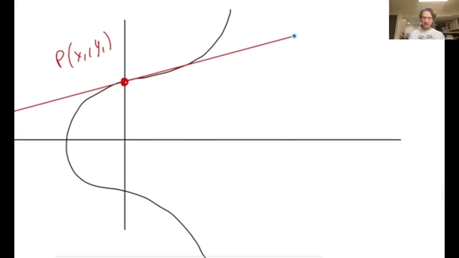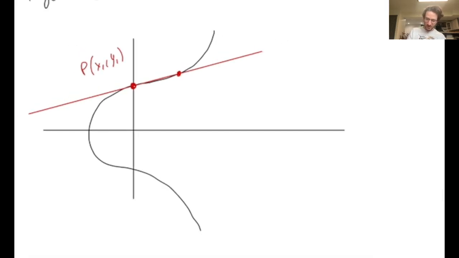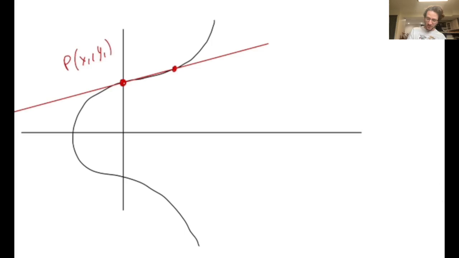But the idea is still find the slope of that line, and then find the point of intersection, and then flip that point of intersection. So we'll call this point, just to be consistent, r tilde for a second, which has coordinates x3, y3.